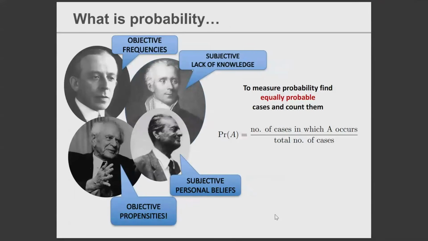So let's leave Cardano for a moment on the complex numbers. We'll come back to complex numbers in a little bit and go back to probability. Even though Cardano was the first one to write about probability, he tried to quantify it, to measure the probability or chance of something happening.